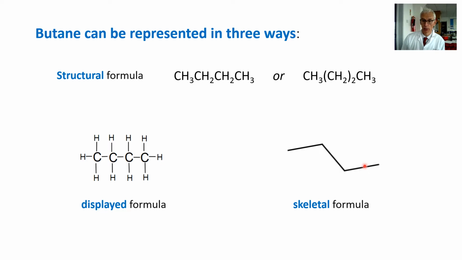There are no carbon-hydrogen bonds. If we compare the displayed formula to the skeletal, we take out the hydrogen atoms, we take out the carbon atoms, we take out the carbon-hydrogen bonds. We're only left with 1, 2, 3 carbon-carbon bonds. So that is the method for a skeletal formula.